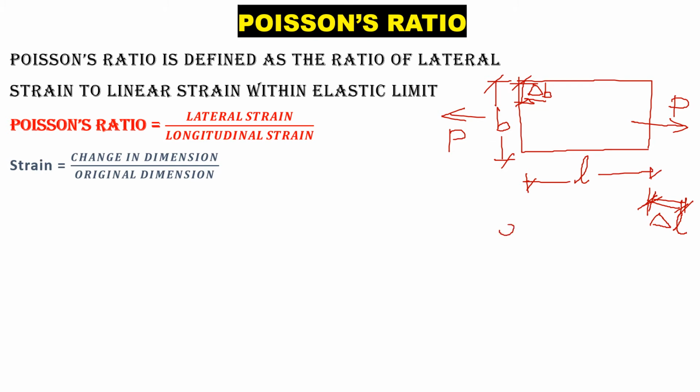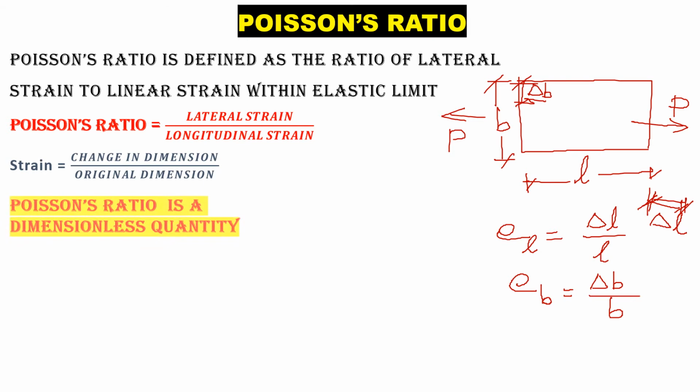So strain along the longitudinal direction is delta L by L, that is change in dimension along the length divided by the original length. Similarly, the strain in the shorter direction is delta B by B, change in dimension in the shorter direction divided by the original dimension.